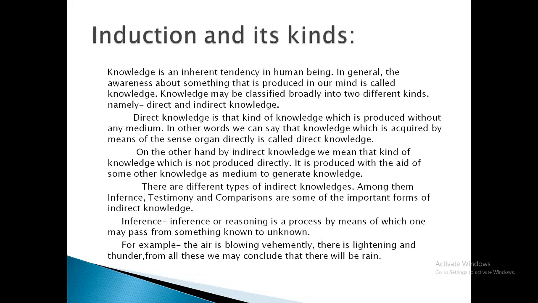Directly you can taste something, you can feel something. In every case you are acquiring knowledge. This type of knowledge, which you are receiving through your 5 sense organs directly, is known as direct knowledge or perceptual knowledge.